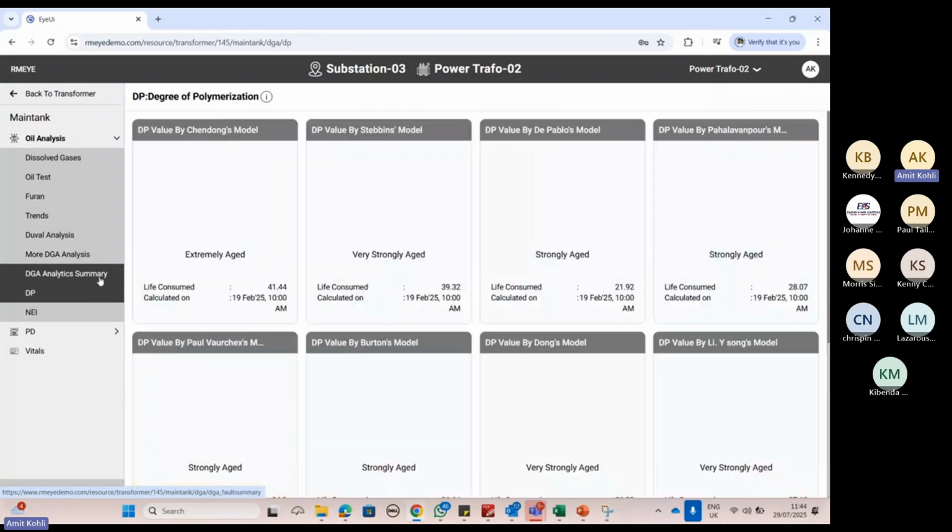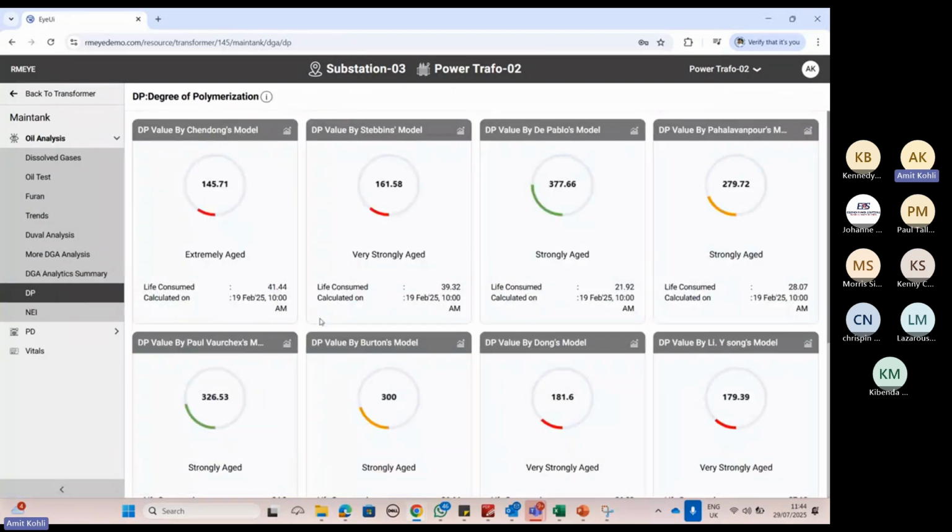Then we have the DP calculation. DP is degree of polymerization, which helps to understand the life of the paper in the transformer, and then helps to understand the residual life of the transformers and create a business case for your asset maintenance, asset management team for replacement of the transformer.